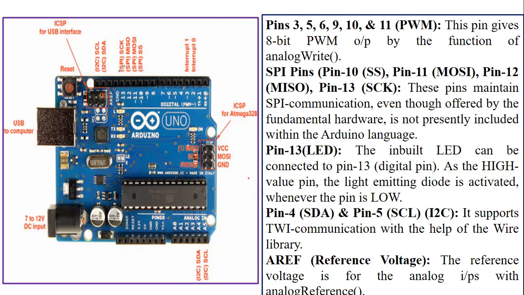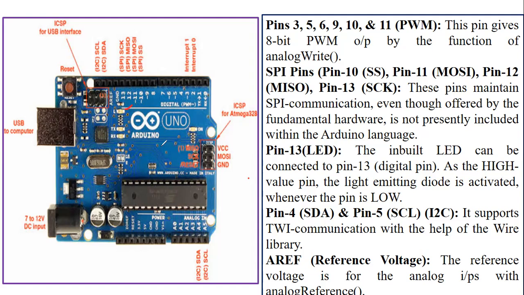Pin number 13, here one small LED is connected. Here in this board, you can see there is one inbuilt LED. So if you are making an LED blinking program, then you can use this LED also in your program.